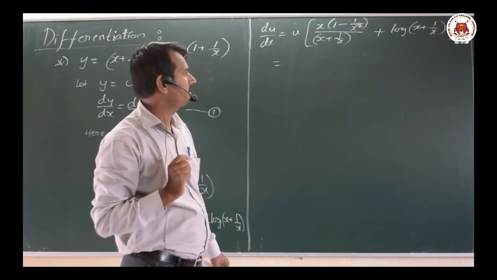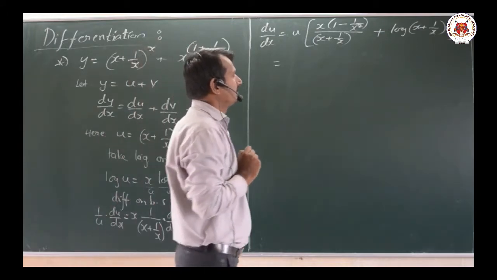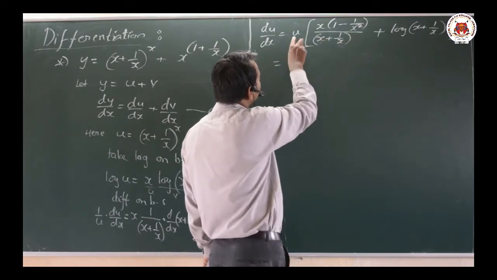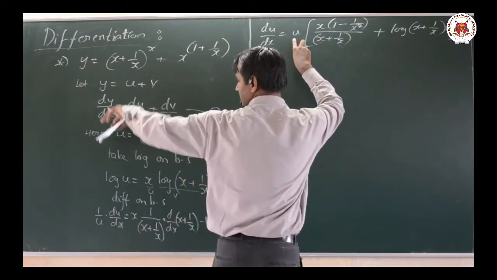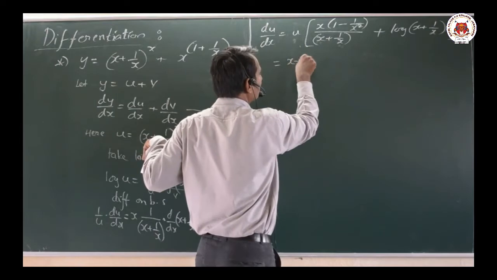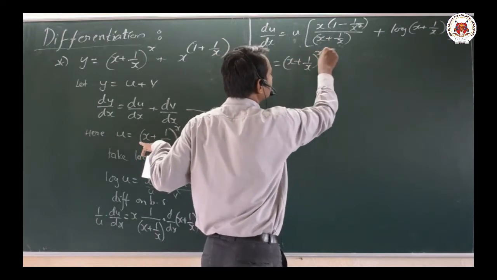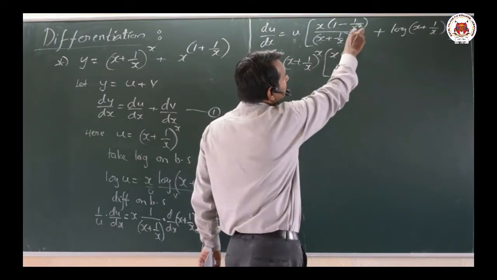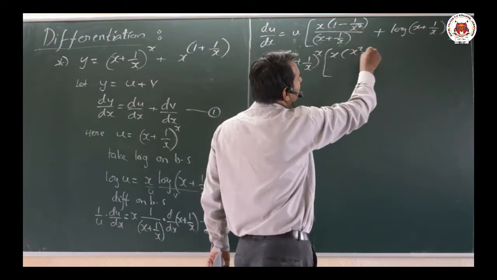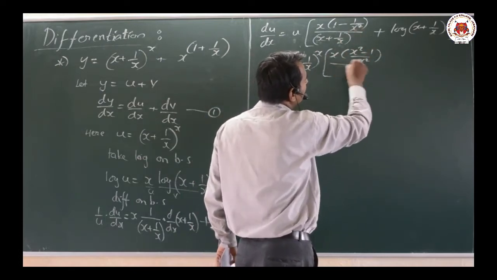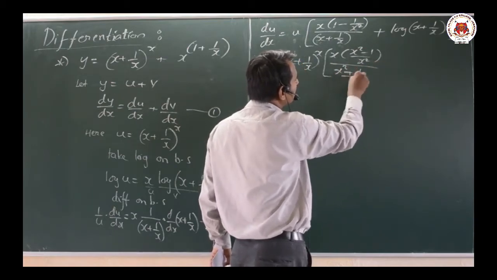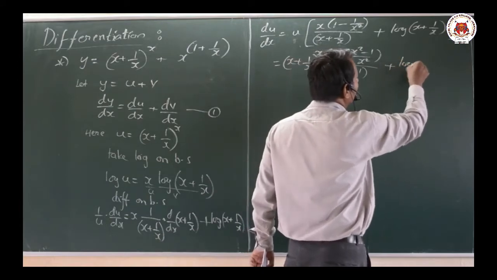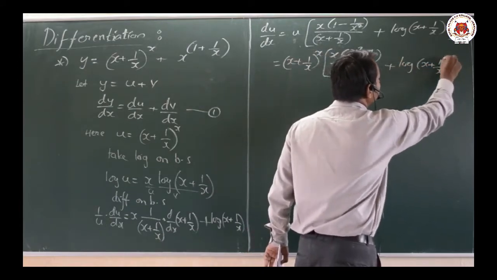Simplification is quite optional, you may or you may not do here. So for example here, if you take simplification, what we get, u means the value is x plus 1 by x to the power of x here, into, you multiply here x as it is, take the LCM, x square minus 1 divided by x square whole divided by x square plus 1 divided by x here. Next plus of what we have, log of x plus 1 by x here.